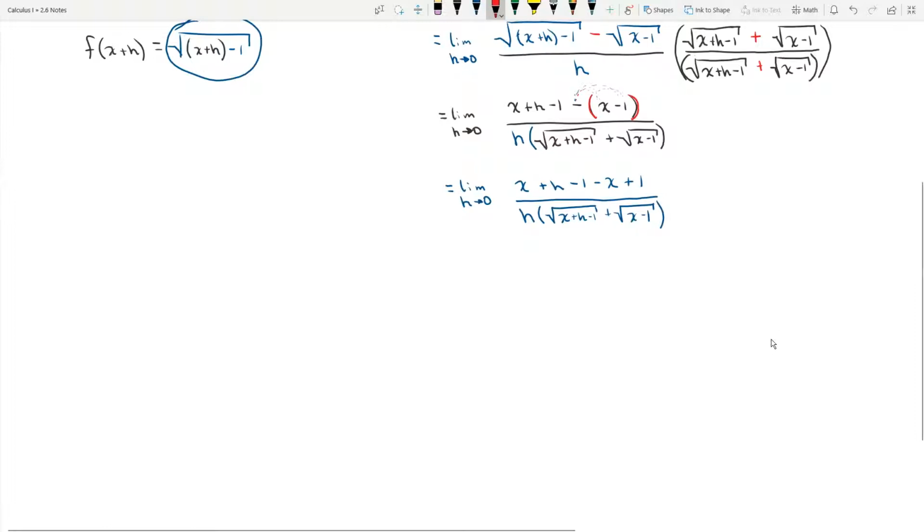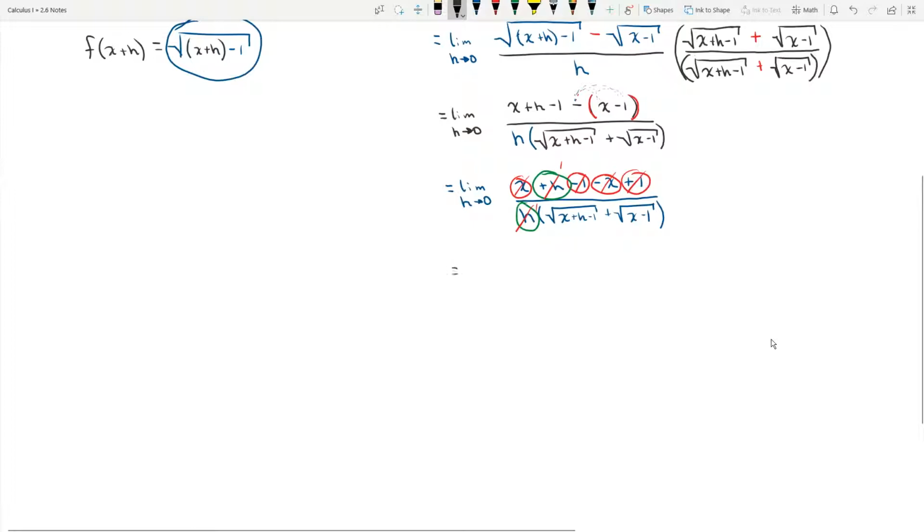So let's go ahead and reduce those like terms. So we have a negative x and a positive x. We have a negative 1 and a positive 1. And we are left with a positive h and an h. So we have an h in the numerator and denominator. And finally, we were able to reduce our problem to simply 1 over 1.